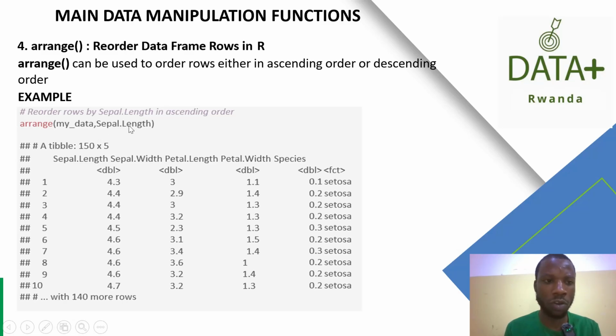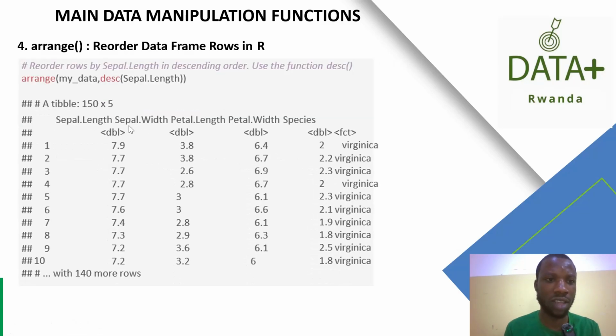If you want descending, from the highest to the lowest, you will do arrange my data, comma, desc, separate. Those are the things we need to look for when we want descending.